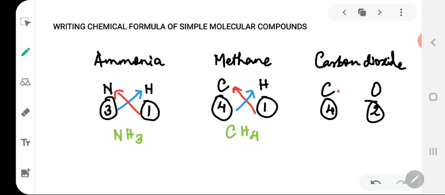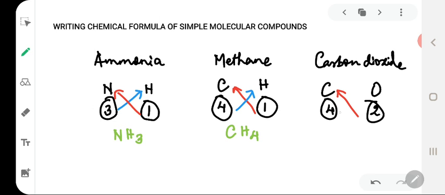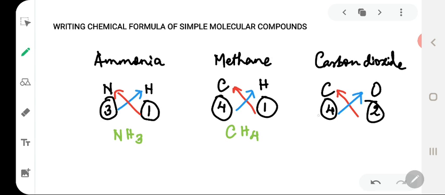So 2 will go this side and 4 will go to the other side. So hence the formula of carbon dioxide should become C2O4. But in case there is some common factor, it has to be taken out. So this is not C2O4, rather it should be written CO2.